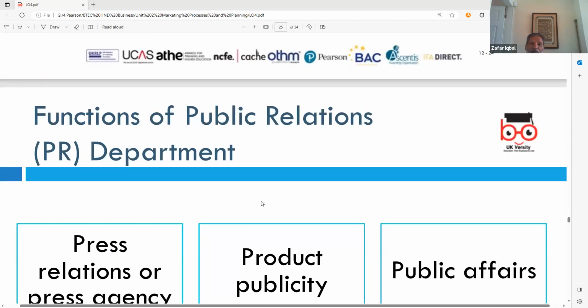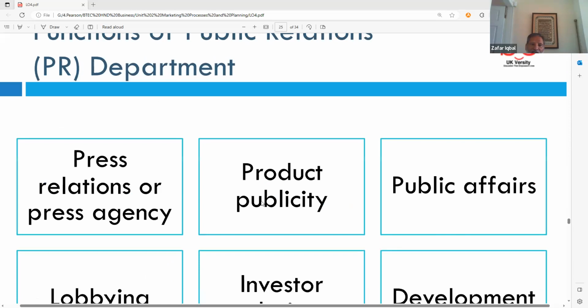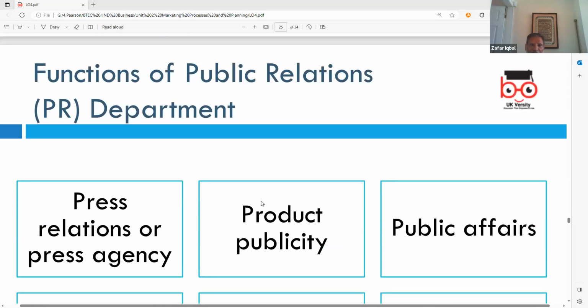Okay. Now let's look at the public relations function and the functions of PR. PR is public relations, or press relations, or the press agency, as we call them. Their function is to create awareness in the public.